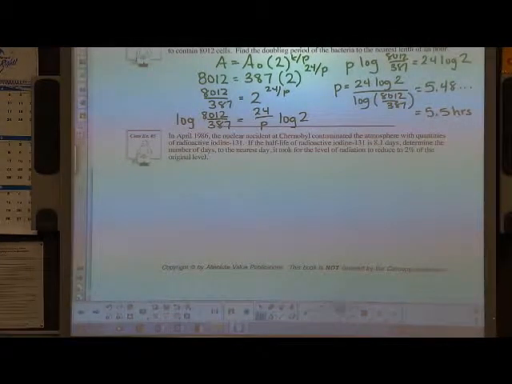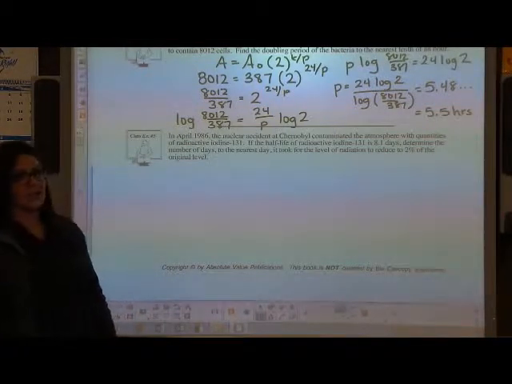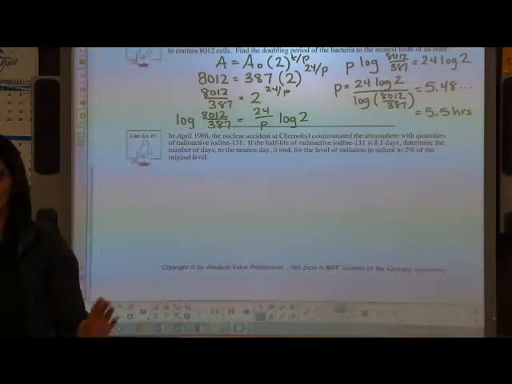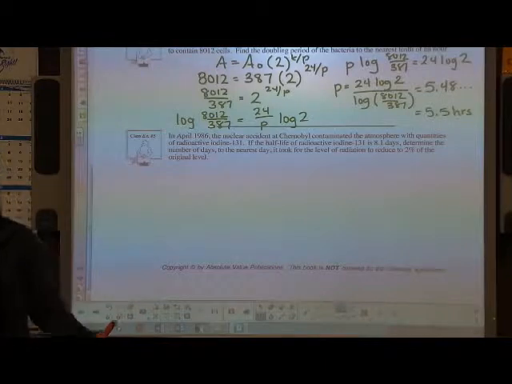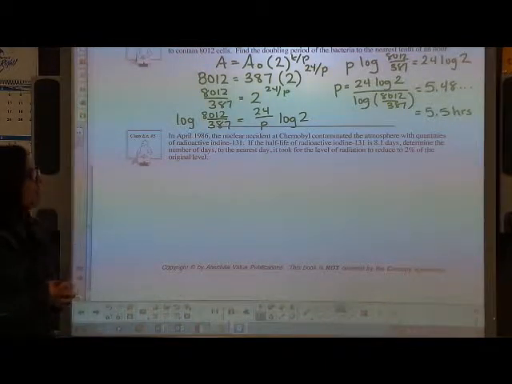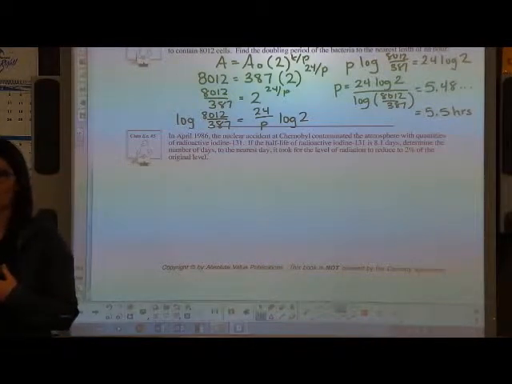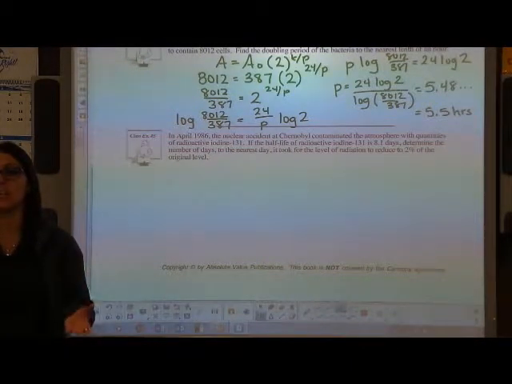Okay, so the next example looks at Chernobyl. Before you guys were born now, I remember this somewhat clearly. Chernobyl, which is a city or a location in Russia, had a nuclear accident, which is why people really don't like nuclear power. When this accident happened, it contaminated the atmosphere with radioactive iodine-131, which is extremely carcinogenic.